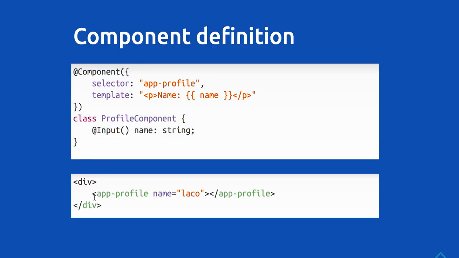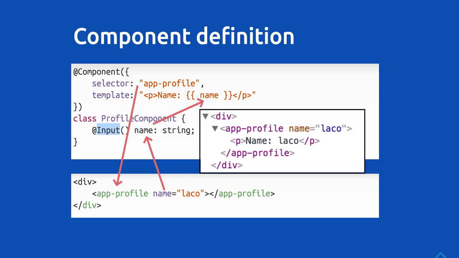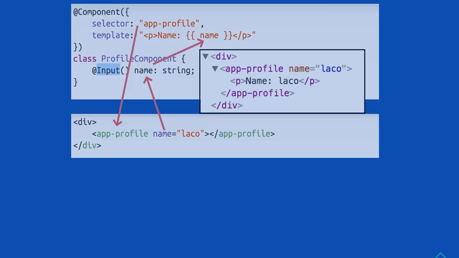This template can be part of another root component from where we are sending the name, and here we are handling the name in the Input annotation, right? So this name will be rendered like this. This is just a way of passing data from one component to another component. This app-profile might be used somewhere else in another component. Here I'm passing the name, and it is being rendered like this.